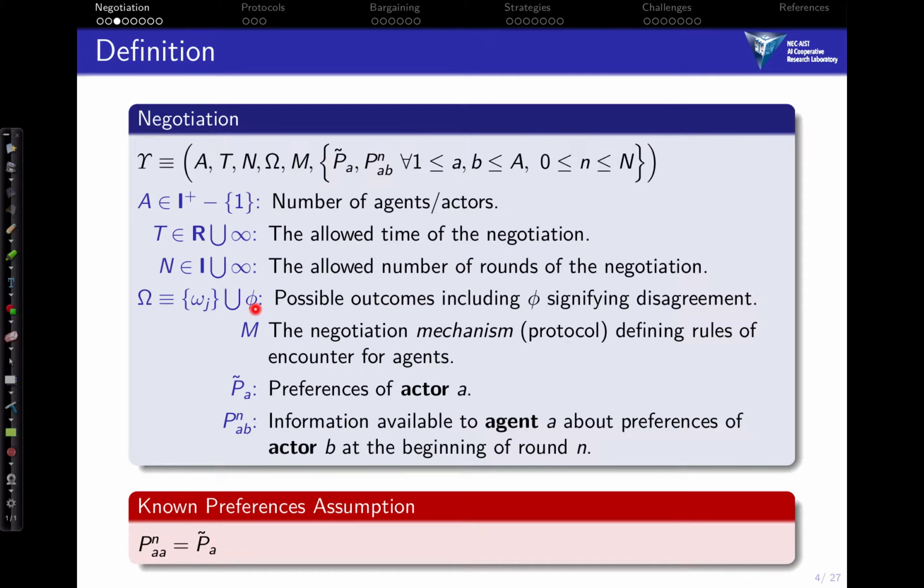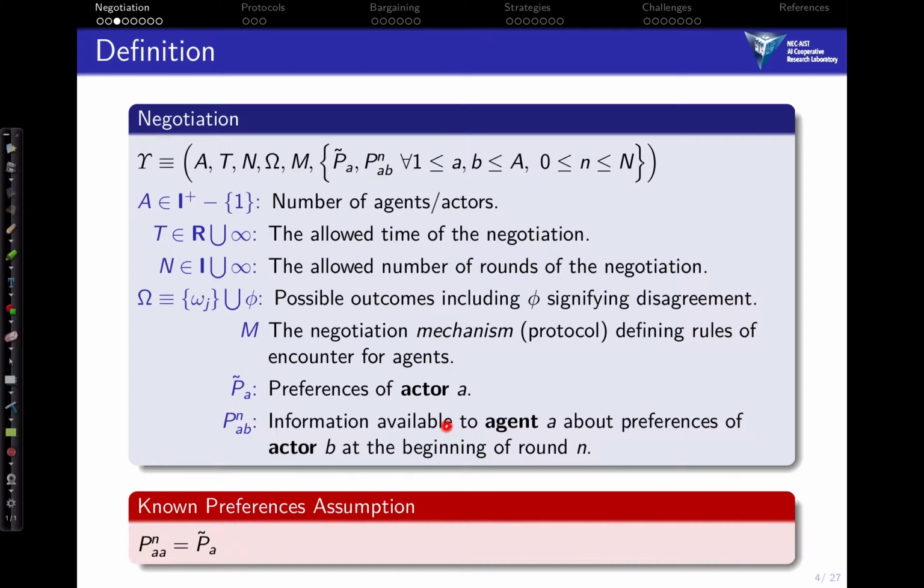Then we have the negotiation mechanism, or protocol. We will use these two words interchangeably, which means the way in which the agents interact to do the negotiation. And as we will discuss later, there are many types of protocols. Then there are preferences. Notice that here preferences are defined for the actor. The agent itself is just a piece of software. It doesn't have preferences. Preferences are defined for either the human using the agent or the institute using the agent. And we call these preferences P tilde.